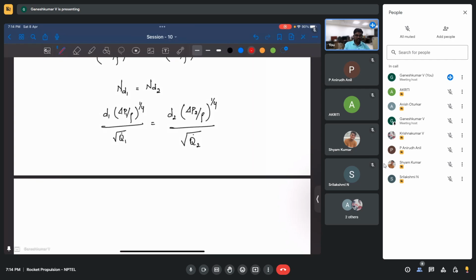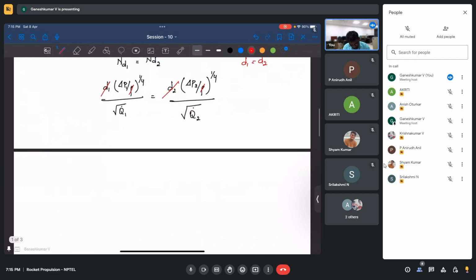Now, since we know D1 is equal to D2, these two go away, right? Similarly, rho is not going to change. The working fluid is still the same. We are not changing the propellant. Now, if you rearrange this, what happens?